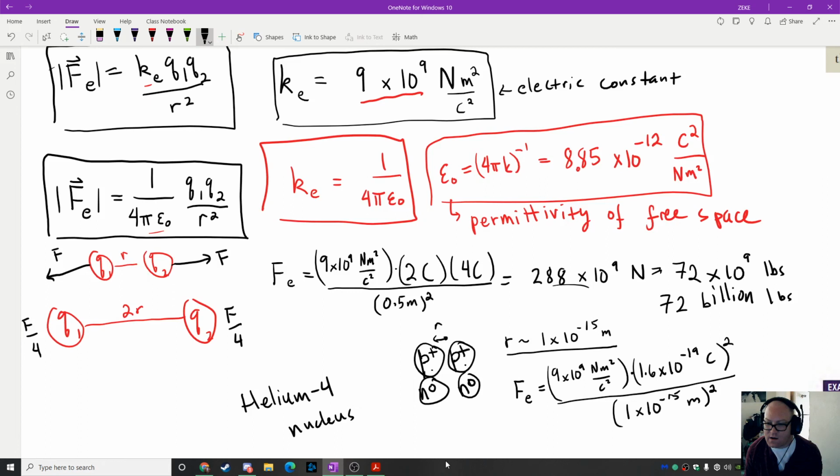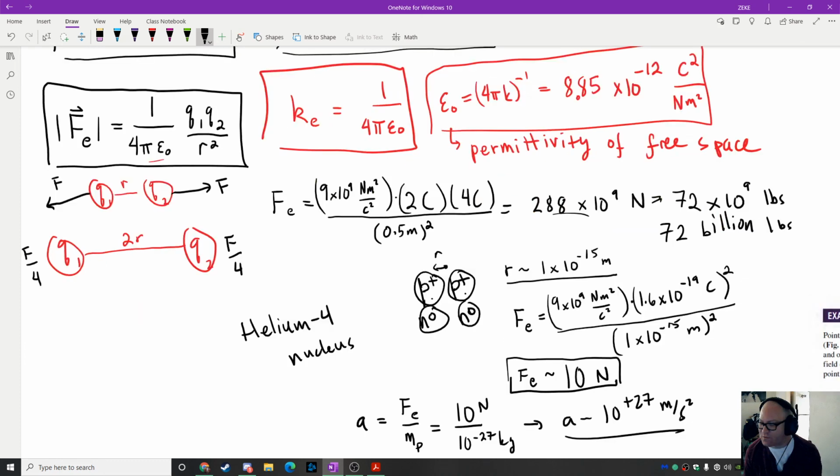That's a huge acceleration. The force might not seem very big, but 10 newtons on something with a mass of 10 to the negative 27 kilograms is a massive acceleration. It would accelerate to the speed of light within milliseconds, not within nanoseconds. So that's the kind of force that this proton is feeling.